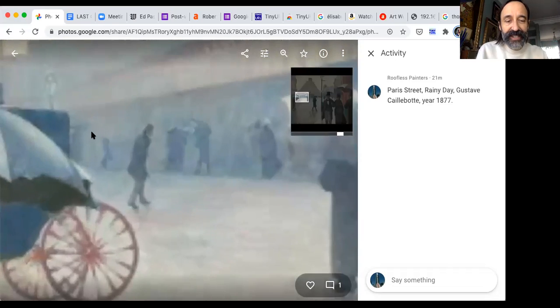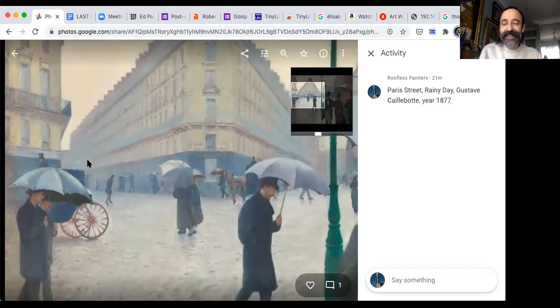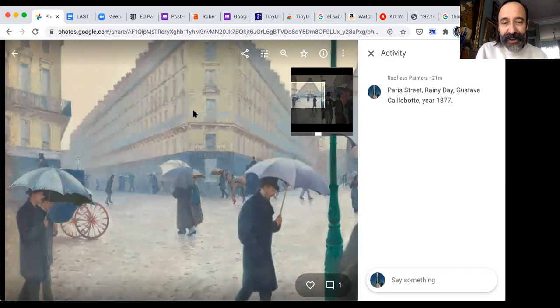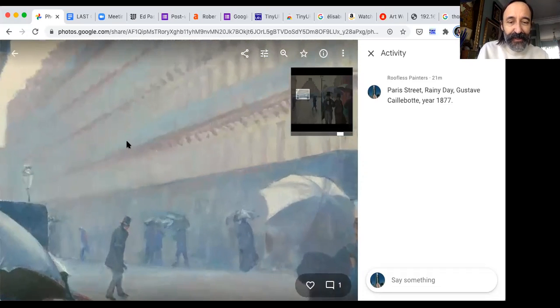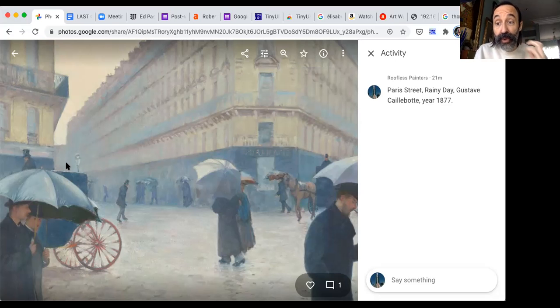So notice this amazing transition with exquisite rhythm from the facade of this corner building all the way to the end of the block, and how the lines follow a rhythm. They're not equidistant. As they go further away, they just vanish. And then at the end, there's blue on the buildings.